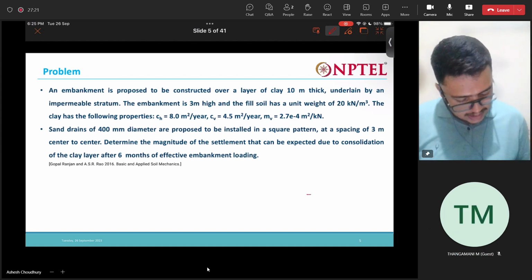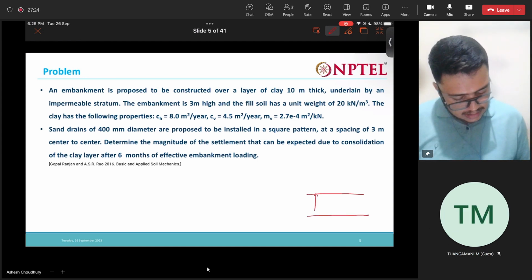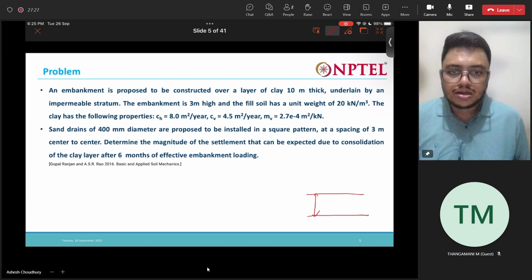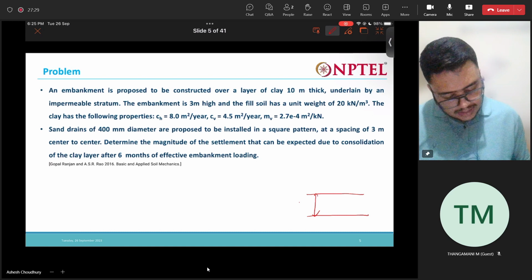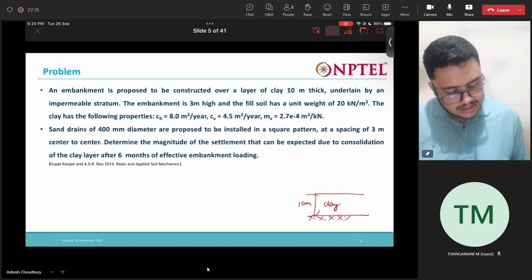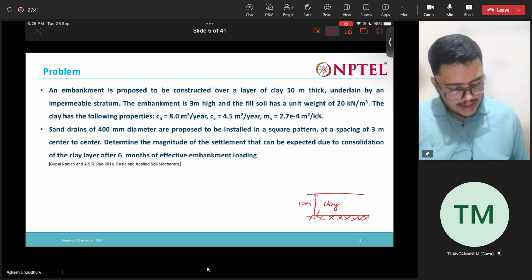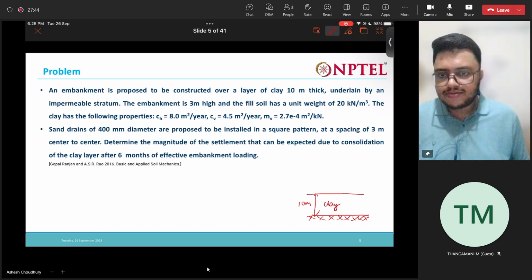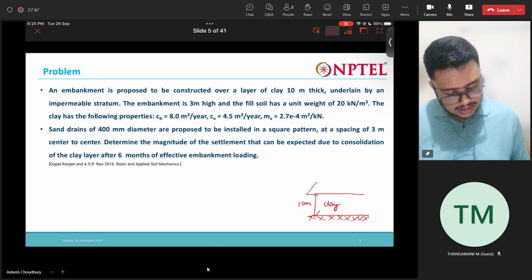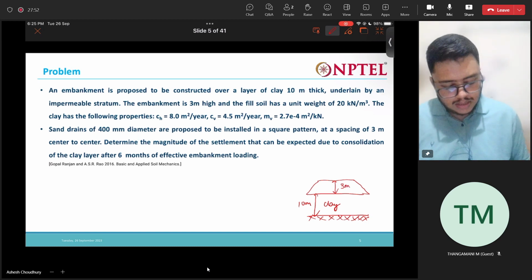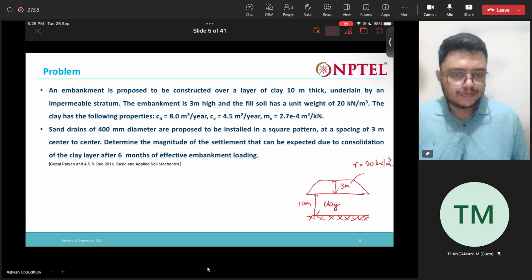Let me just draw this. There is a 10-meter thick clay layer, and here it is impervious. At the top we have an embankment which is 3 meters high. The unit weight is given as 20 kilonewton per cubic meter.